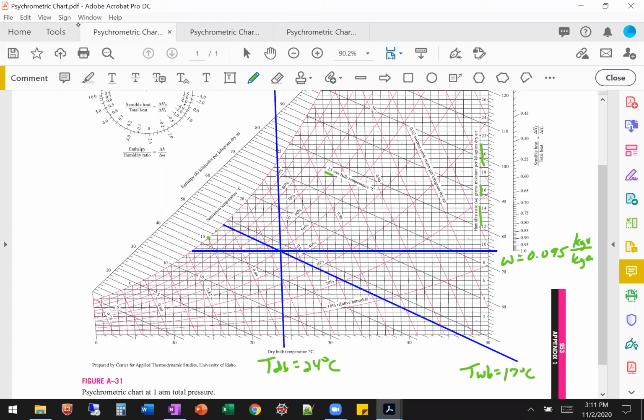Next is enthalpy. Enthalpy is lines that are close in slope to these wet bulb lines, but they're a little bit different. We have enthalpy labeled over here, so our slope is across there.